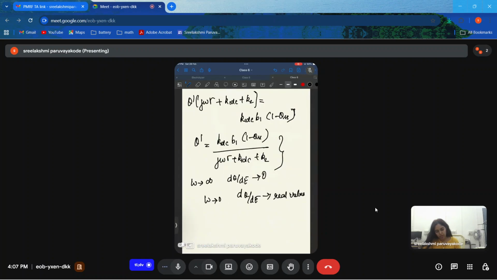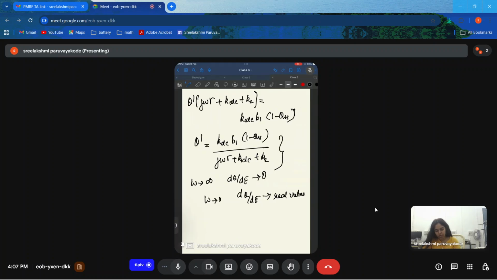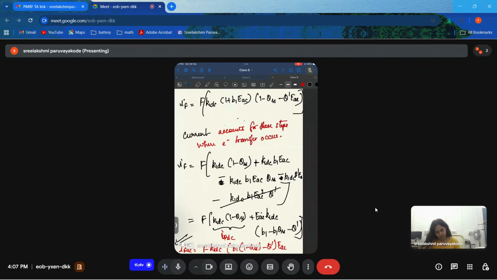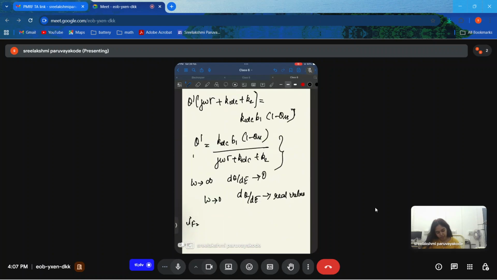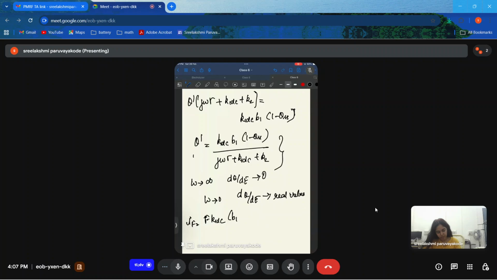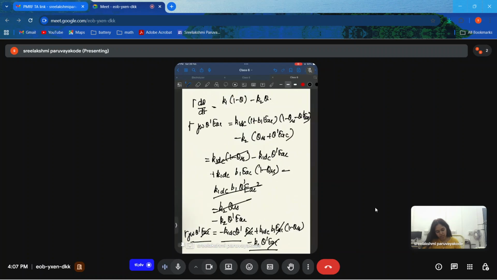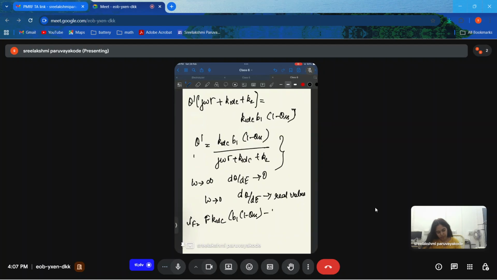So now if I write this θ dash equation into I_F, F into k1 dc b1 into (1 − θss) minus θ dash, times E_AC. This θ dash value is this one, and E_AC is there.